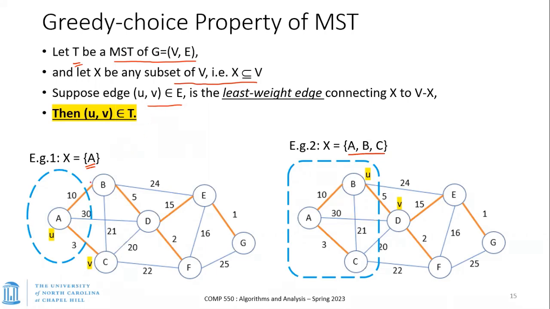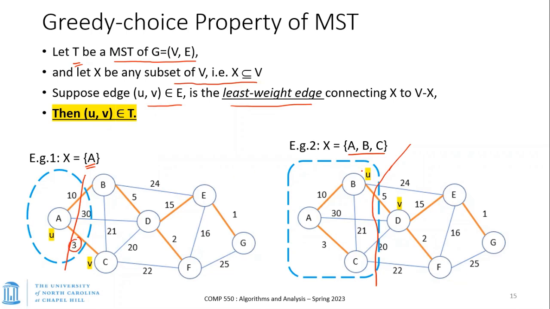In this case we cut it along over here, and in this case we're cutting it along over here. Along this particular cut, if you pick the least weight edge, the least weight edge over here was 3.